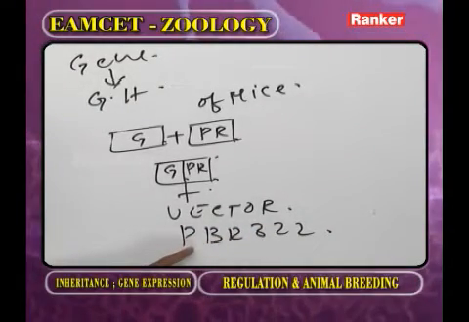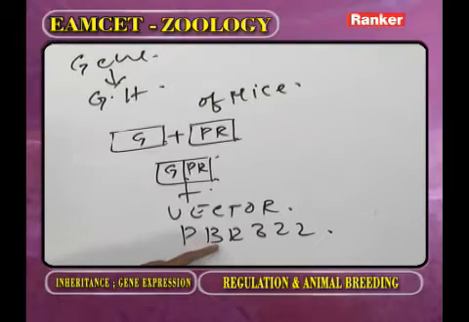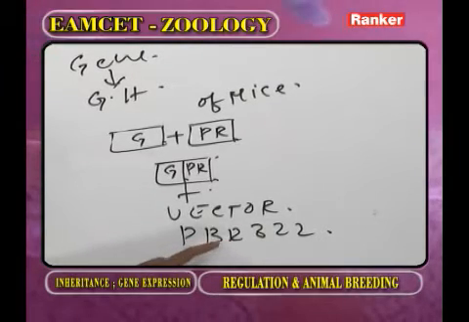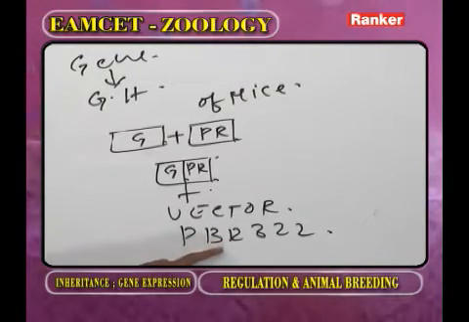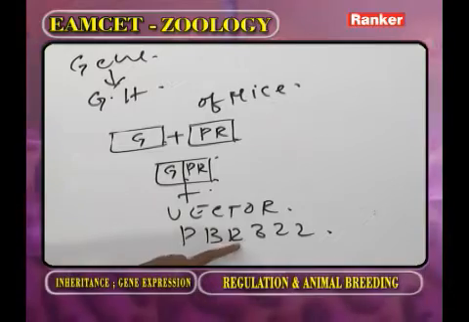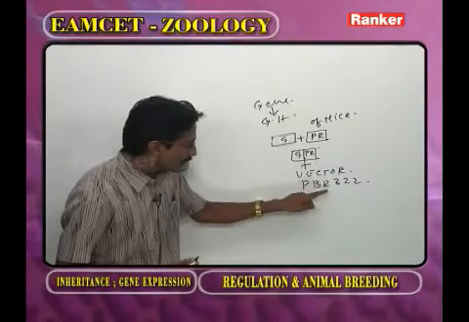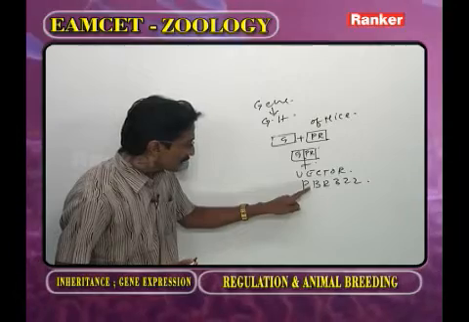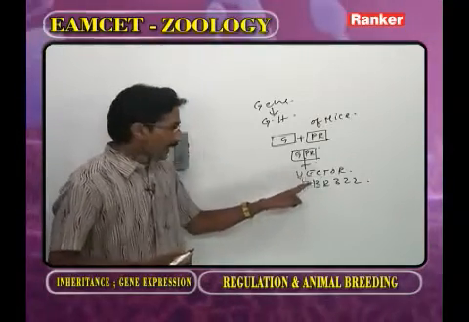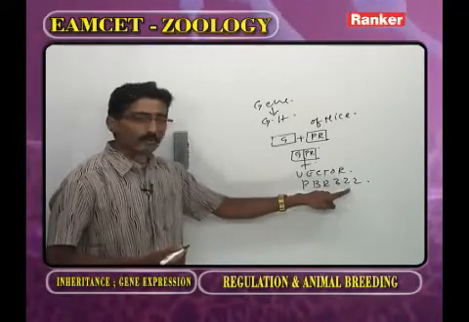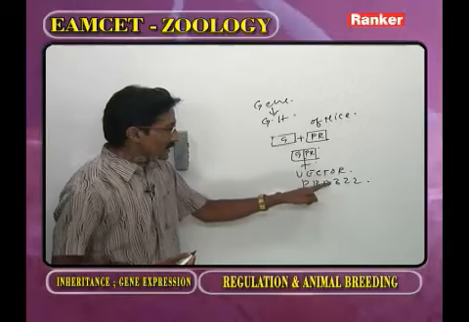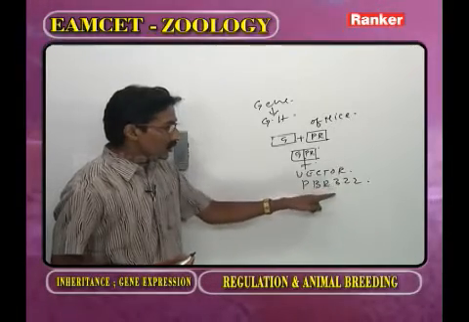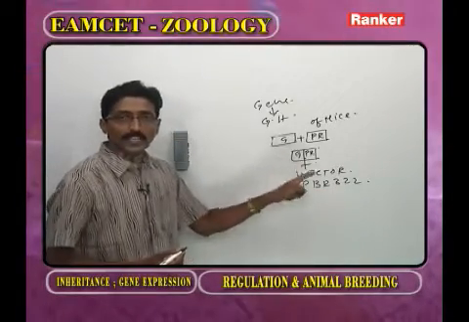Here, pBR means plasmid, Bolivar, Rodriguez. Bolivar is one scientist name, Rodriguez is another scientist name. These two persons popularized plasmid as vector. Its number is 322. Generally, the plasmid pBR322 vector is used for the experiments.